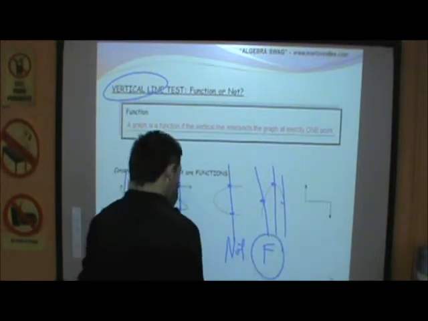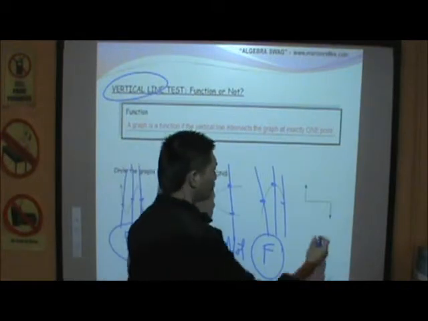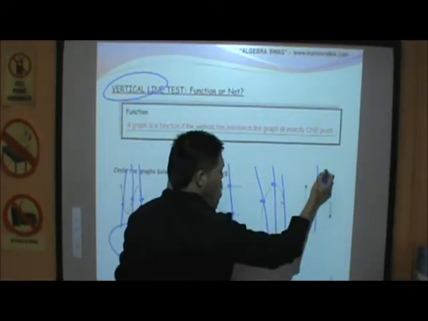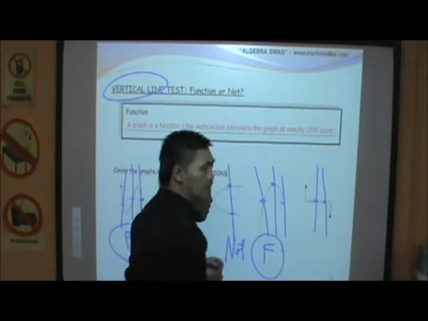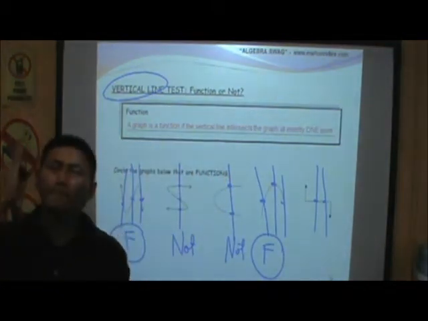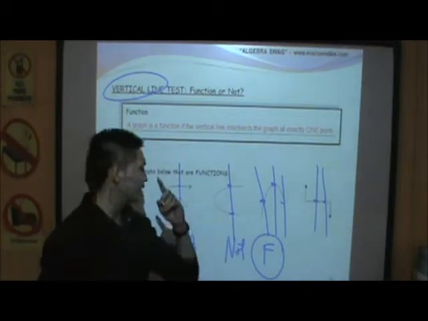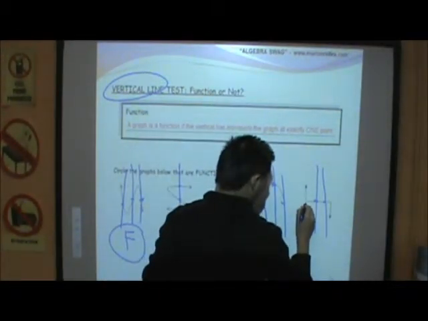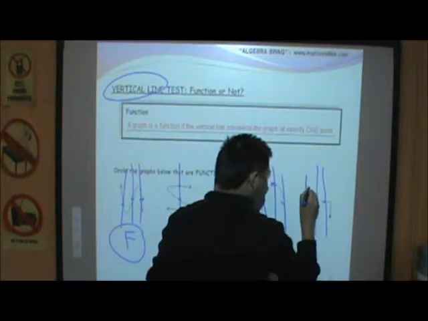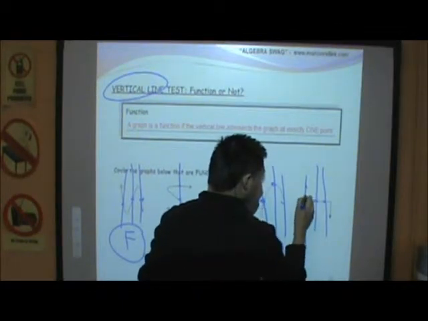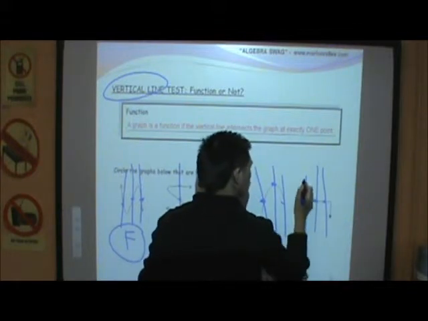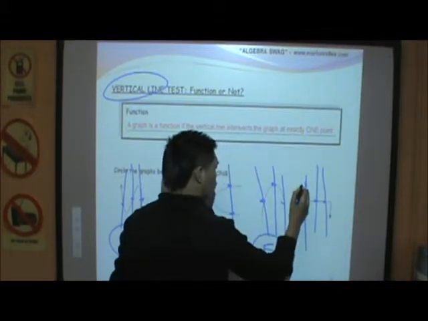Now, let's take a look at this one. If you draw a vertical line in the middle, yes, it is a function. Here, it is a function because the vertical line is crossing the graph at exactly one point. But if you draw a vertical line from here, it's going to cross an infinite number of points on this side.